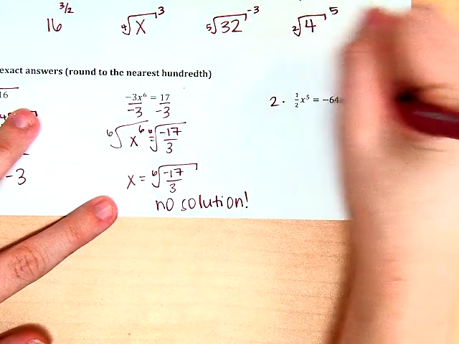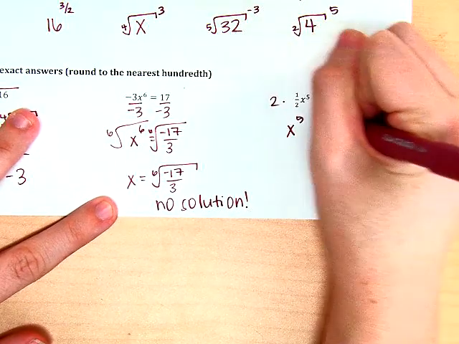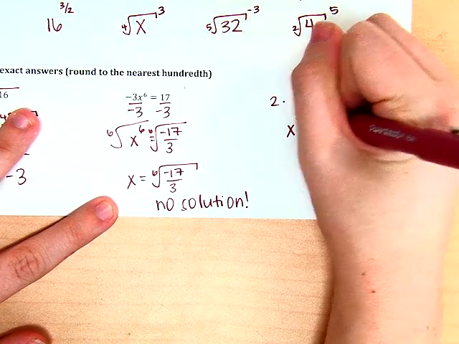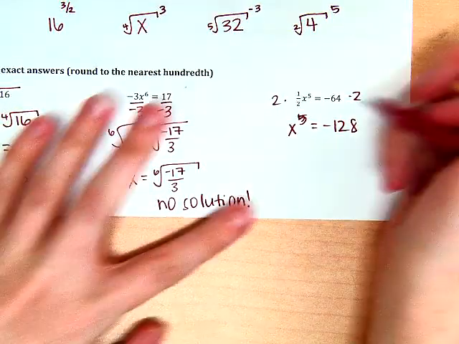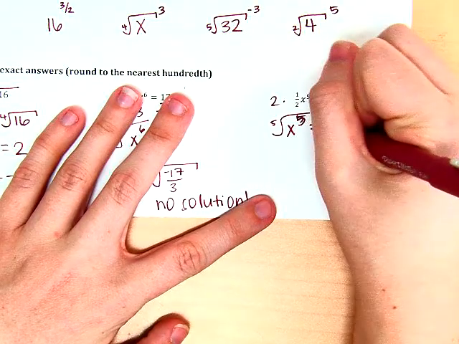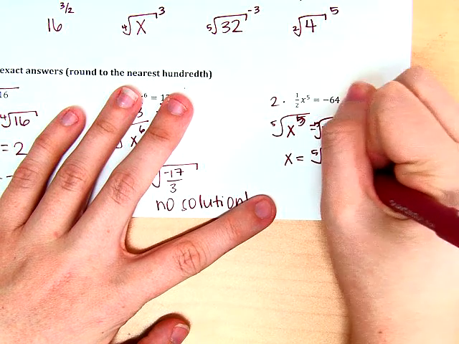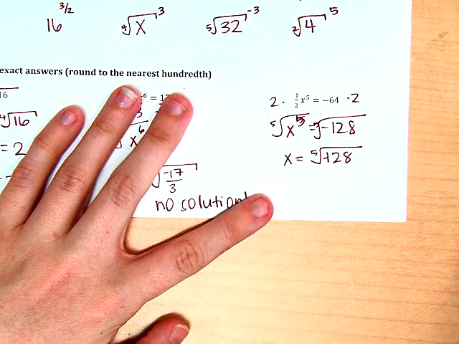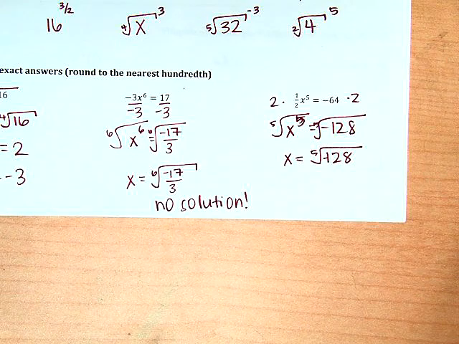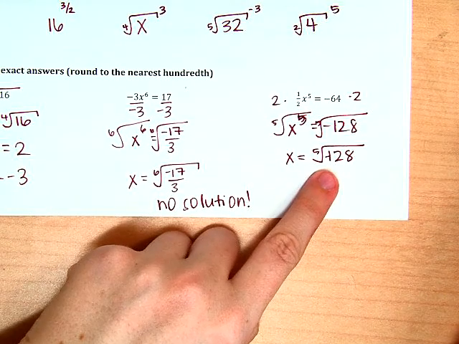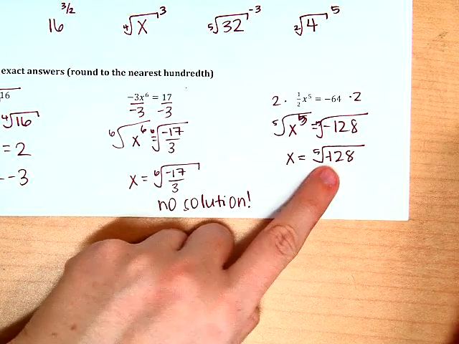Next one, I'm going to multiply by 2 first. So I have x to the 5th equals negative 128. To get rid of that, I'm going to take the 5th root. So x is the 5th root of negative 128. I'm going to look on my card, perfect fifths. Oh, I don't have 128 on there. So instead, there is no fifth root button, so I have to rewrite this.